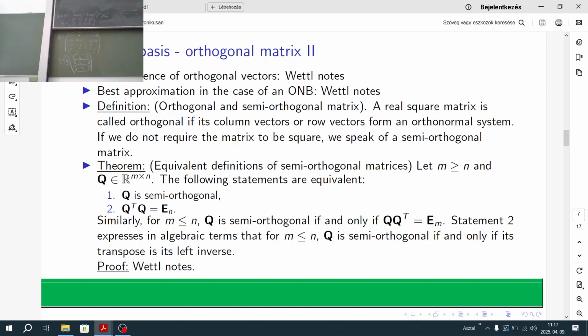Let's check this. Here, that's trivial. That's okay.